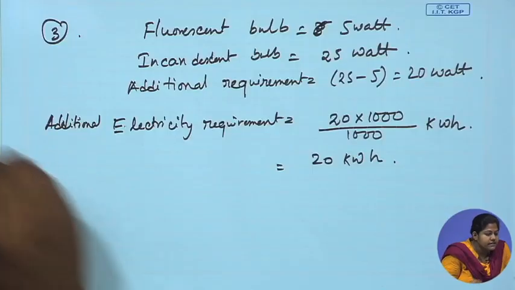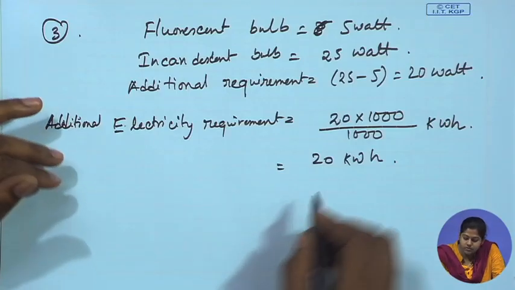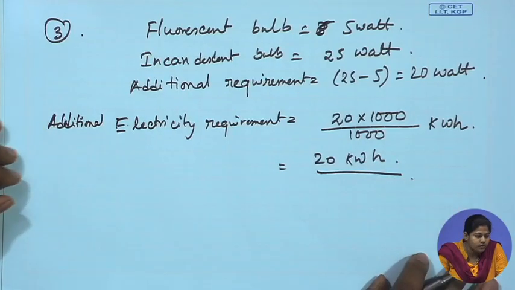Now it has been said in this problem that our transmission losses are 15% and our electricity generation efficiency is 40%. So now we have to consider our transmission losses and electricity generation, and again calculate our additional electricity requirement. That will be much bigger than what we have calculated now, which is 20 kilowatt hour.